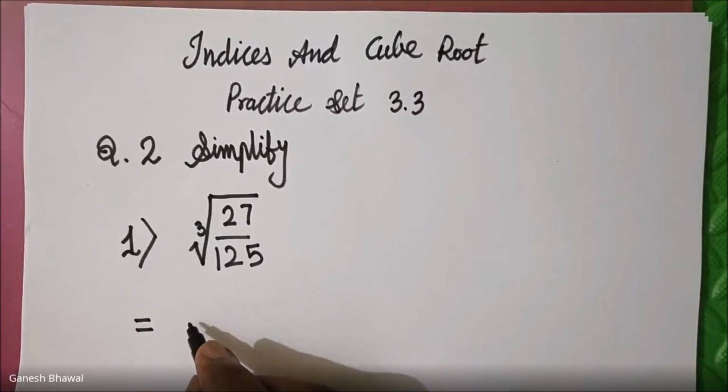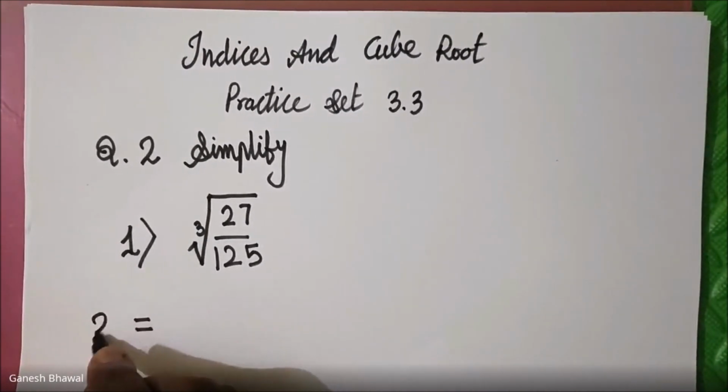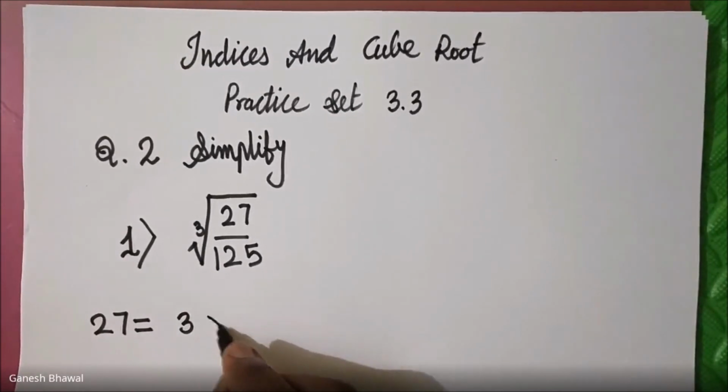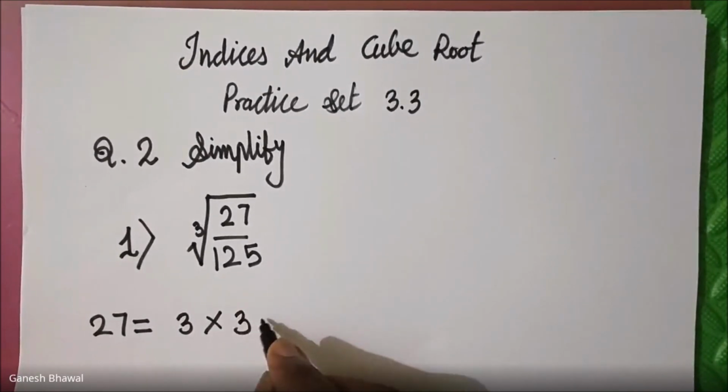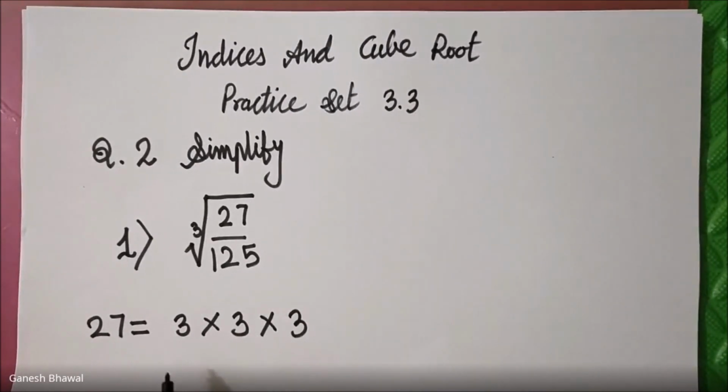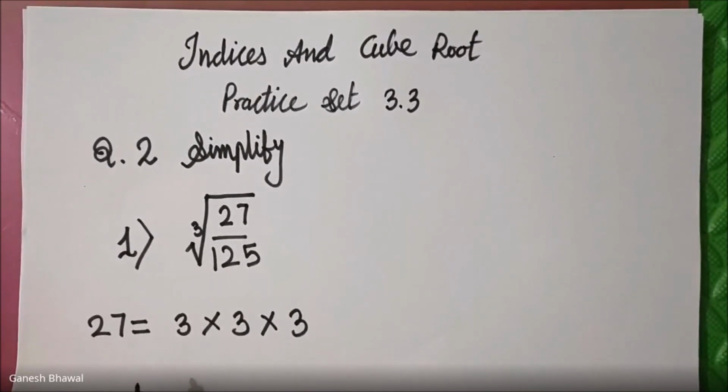First, find the factors of 27: 3 into 3 into 3. 3 3s are 9, 9 3s are 27. This group of numbers are the factors we get for number 27.